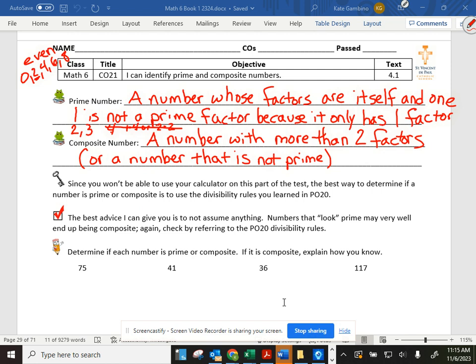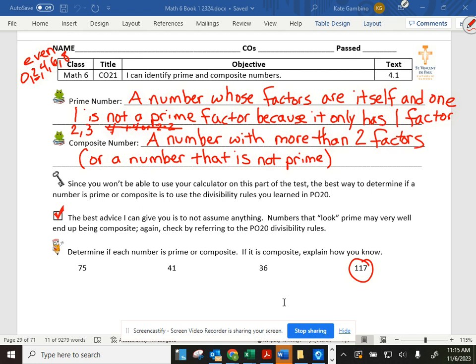The best advice I can give is to not assume anything. Numbers that look prime may very well end up being composite. Again, check by referring to the CO20 divisibility rules. So if we have a big number like 117, it looks to me like that would be prime, but it's not.